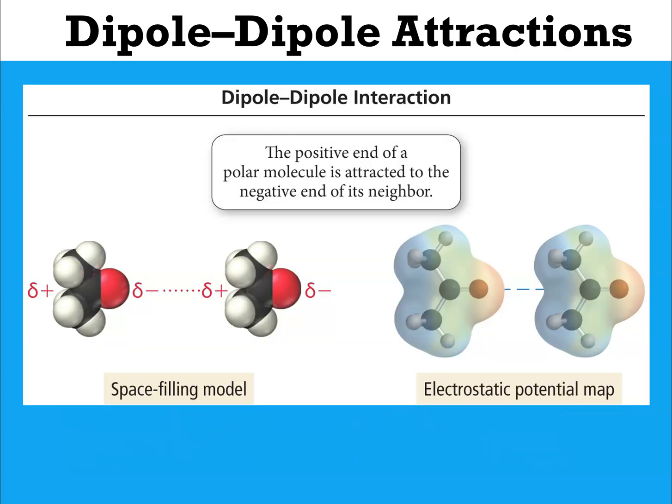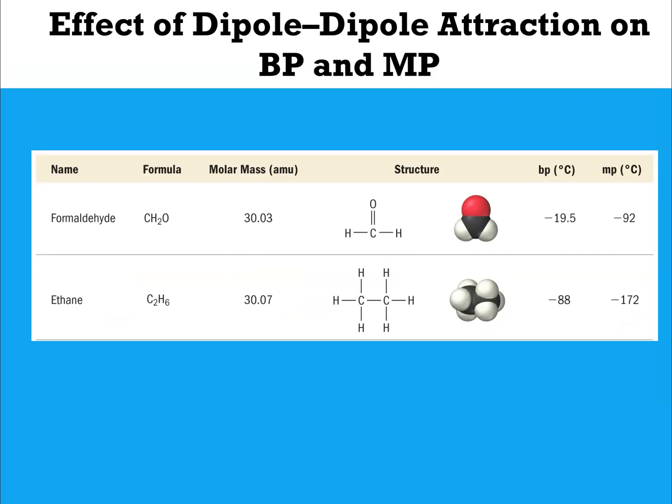Alrighty then. So just, again, more pictures to support what's going on. Looking at a polar molecule next to its polar molecule, we can see that there's a positive and negative side. It doesn't change, so it forms that attraction. Looking at a comparison, formaldehyde versus ethane.